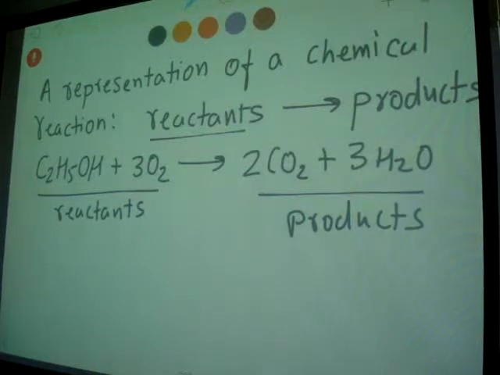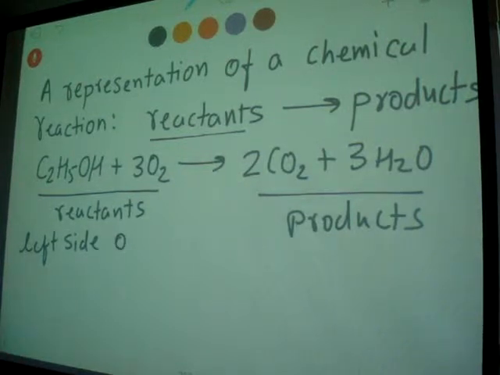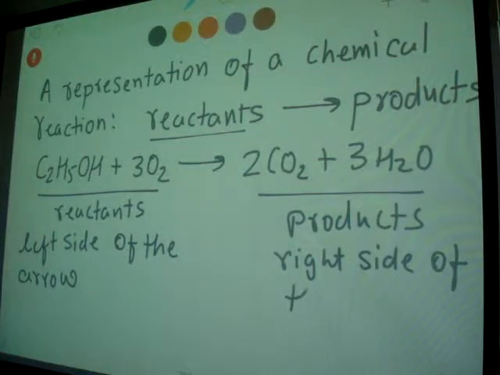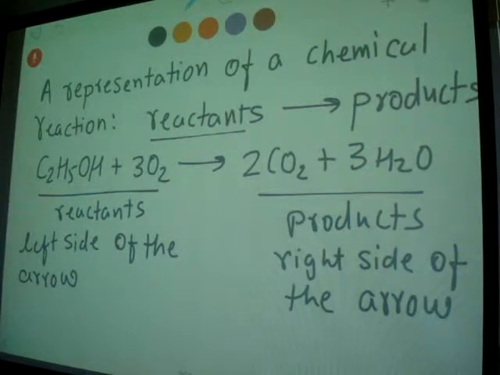So reactants are placed on the left side of the arrow, and products are placed on the right side of the arrow. Alright, so that's how we can write a chemical equation.